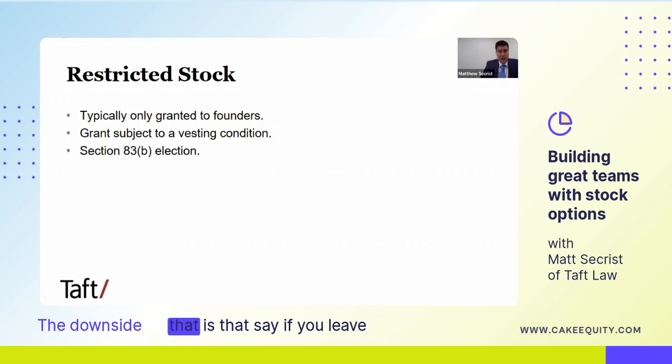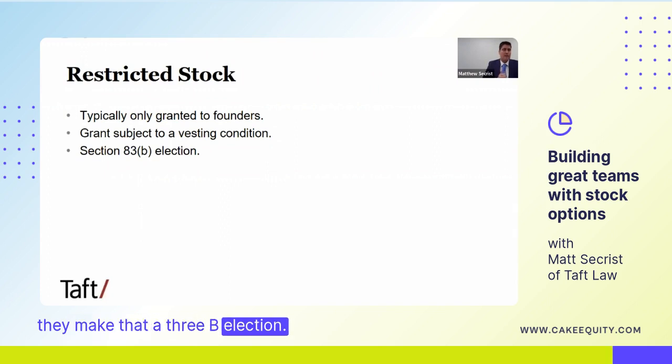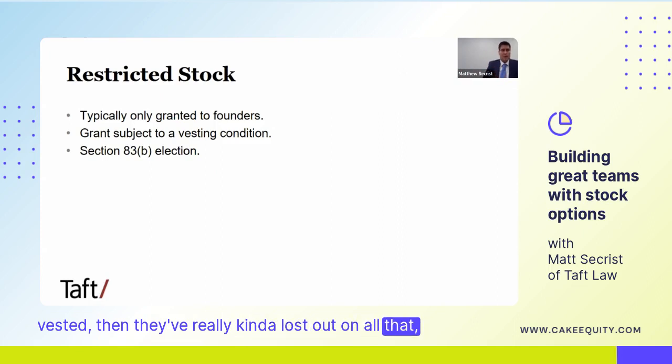The downside is that if you leave the company, again, you're taking a tax position. You don't really own the shares yet. So the risk is on the employee when they make that 83(b) election. If they leave later on and they're not fully vested, then they've really lost out on what they brought into income and paid taxes on.